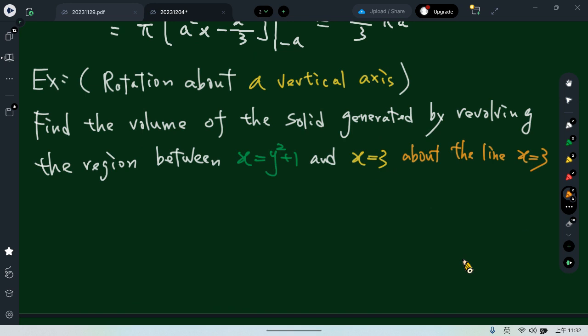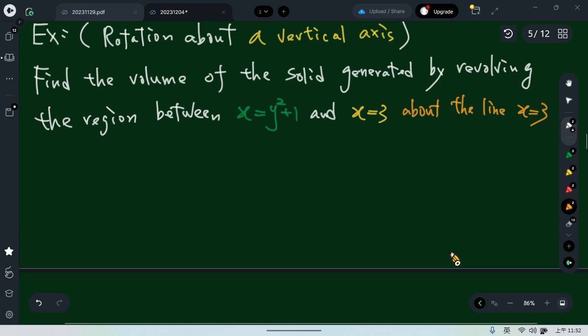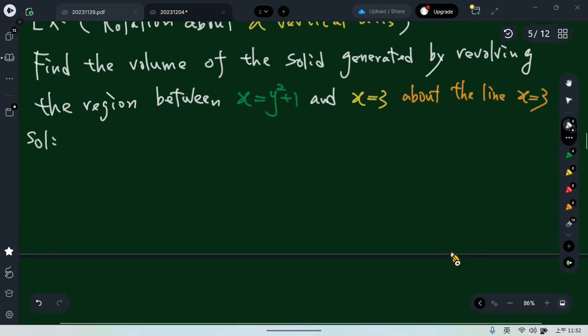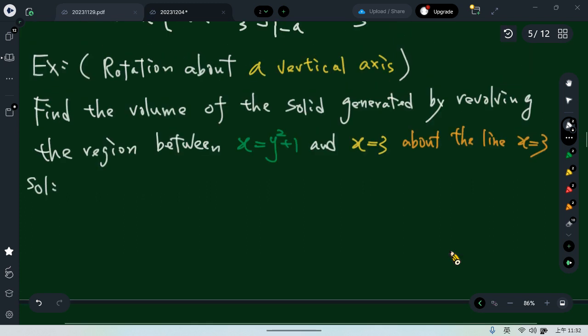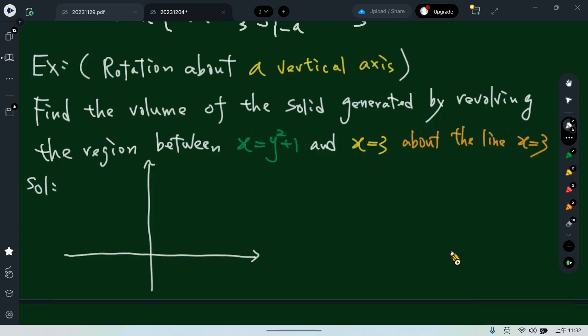So there are three very important parameters: this one, this one, and the rotating axis. The first thing we need to do is just draw the plane region first.